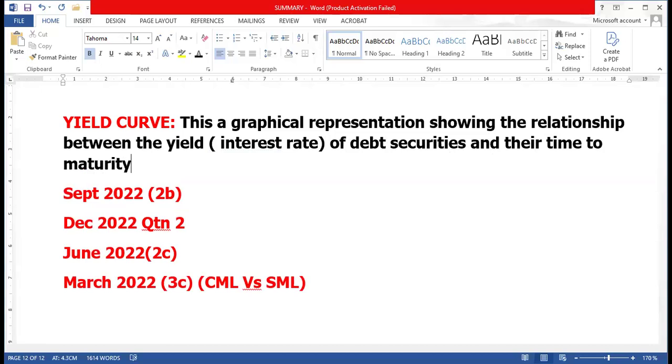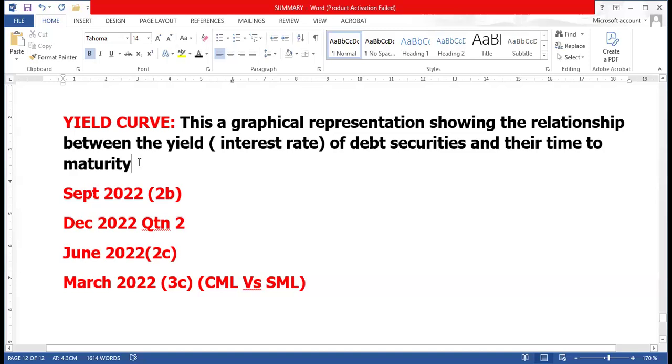So that is the yield curve. It is very, very key. It's a key tool to use in finance, for those who are managers, who are not like us, who are in tax science.